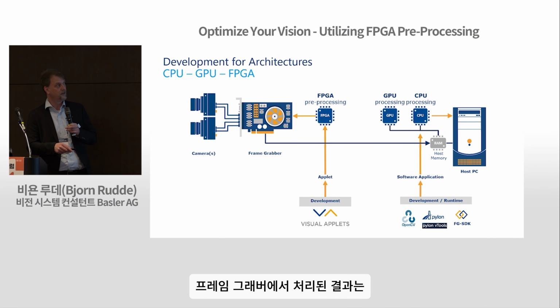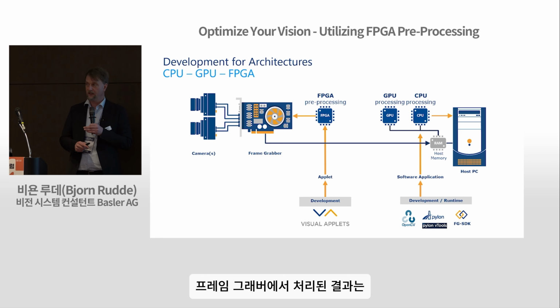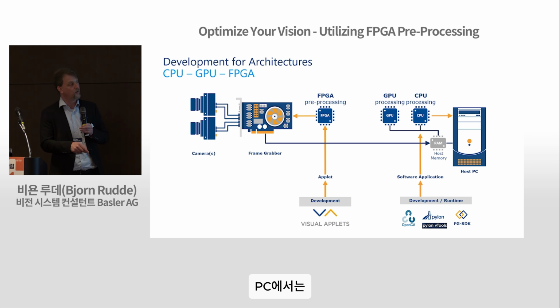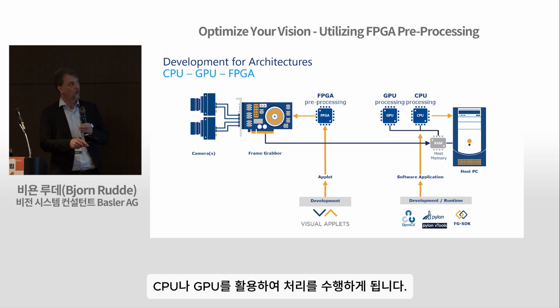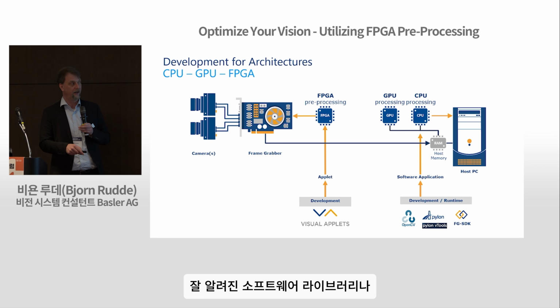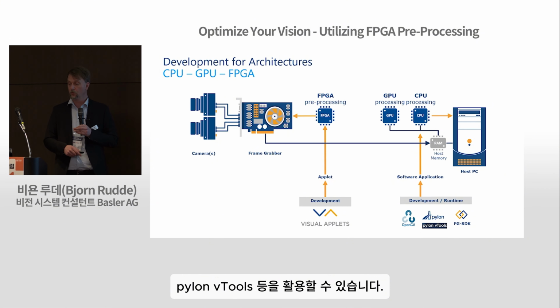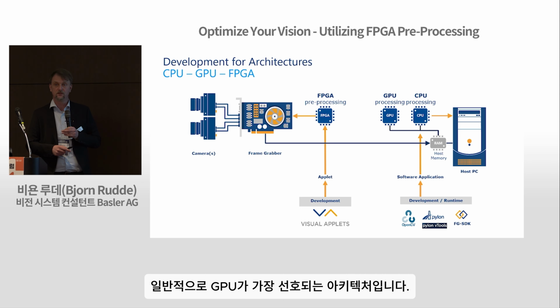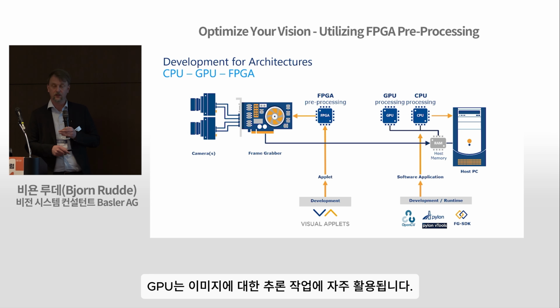So the frame grabber can forward its results into the host memory of the PC so that the PC can directly take over doing some CPU or GPU processing based on the known libraries or also on pylon vTools, for example. When it's a GPU coming into discussion, it's very often used for AI approaches, so calculating the inferences on different images.